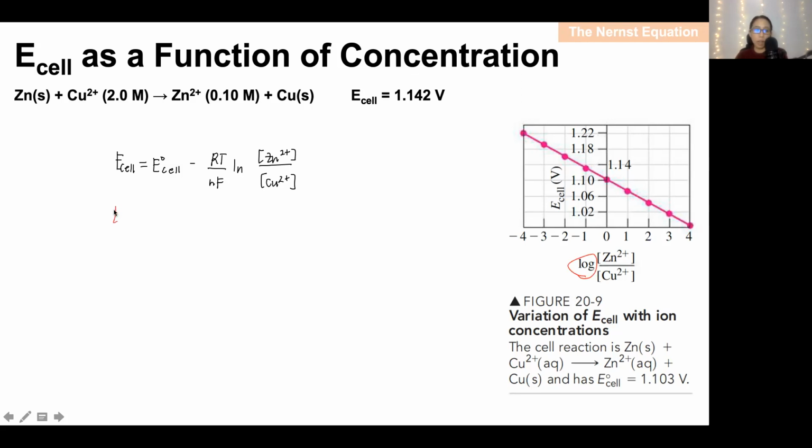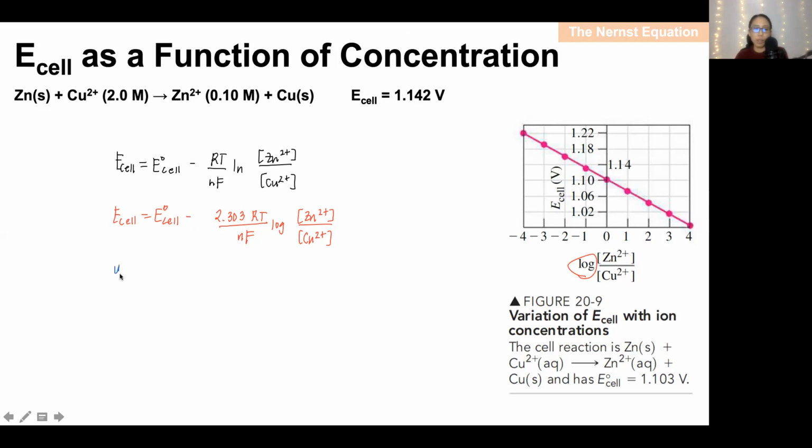Most analytical chemists actually transform this into the logarithmic form, so that requires a factor of 2.303. So that's RT over nF, logarithm of zinc ion concentration over copper ion concentration. So it's a straight line with a negative slope because this equation is the slope-intercept form of a line.